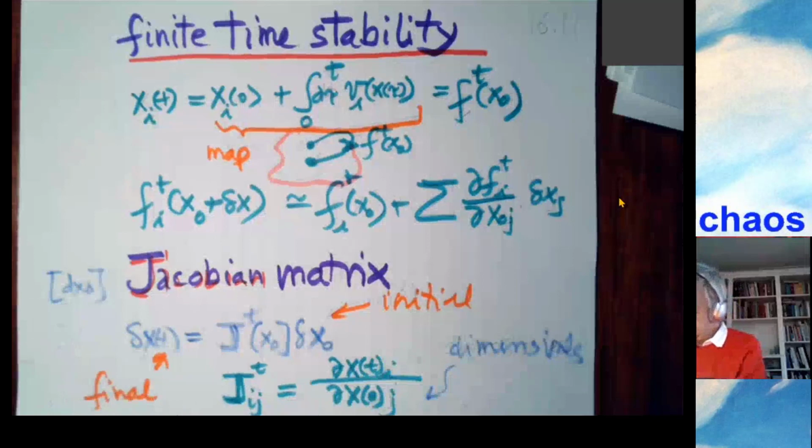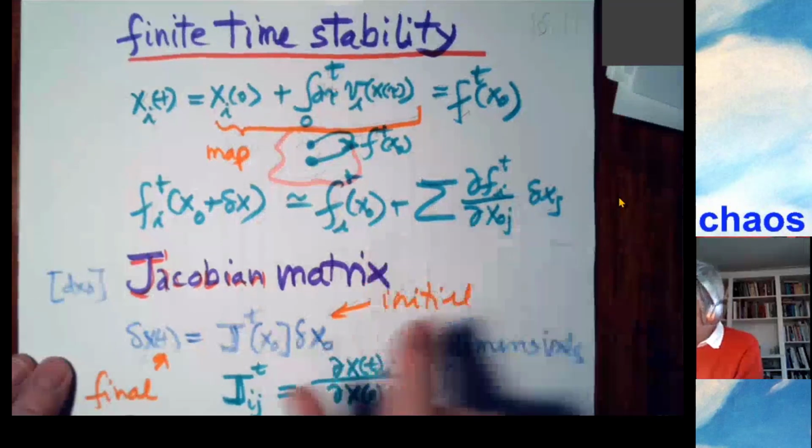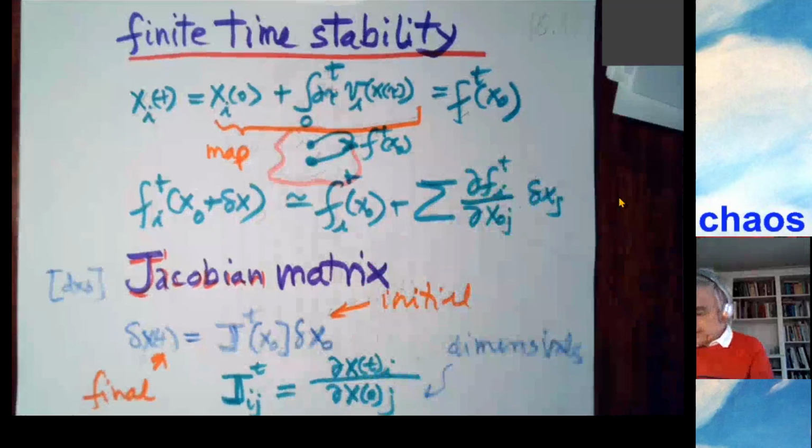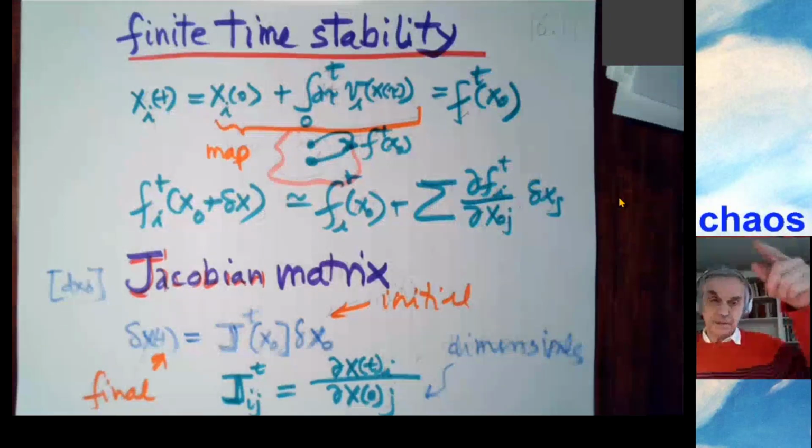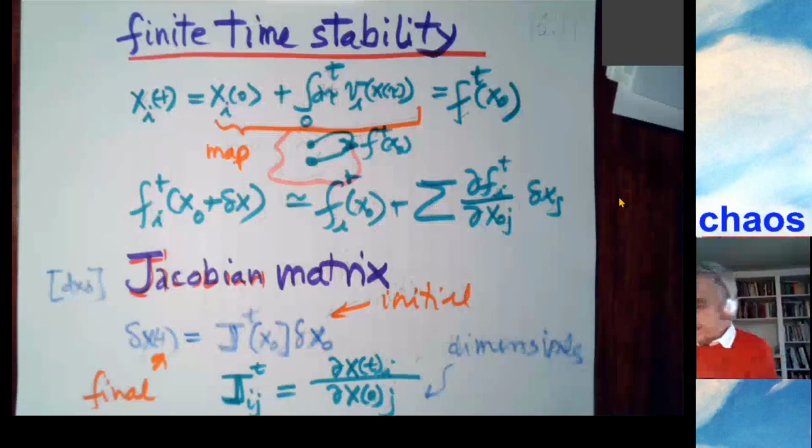And that's conveniently described in linear order by matrices, which tell you that, for example, if you have two dimensions, if you perturb along the x direction, then time later, there will be a consequence of perturbing in the x direction, but also the y direction will develop because of nonlinear coupling, etc. And that means you'll look at something that compares the original direction to the final directions, and the matrix does that.